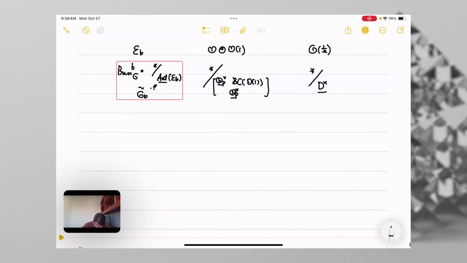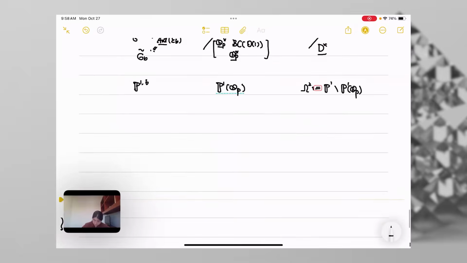And on P^1, the stratification is given by the rational points of P^1 and its complement, which is the Drinfeld upper half plane.